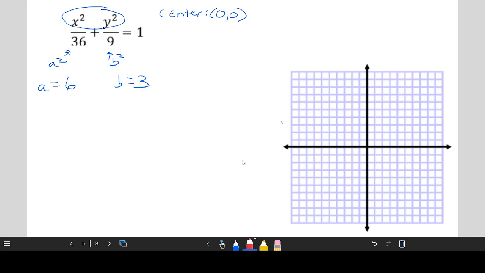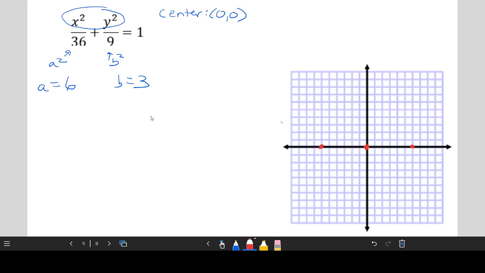So we can start graphing this. We can put our center there at the origin, and then this distance 6, we're going to go that distance from the center in the horizontal direction, the x direction, to plot each of the vertices. So we're going to have a vertex there and a vertex there.